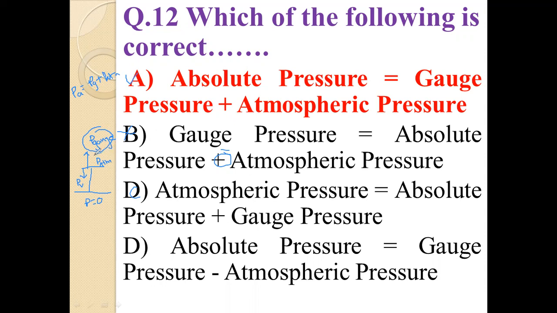And option D, absolute pressure is equal to gauge pressure minus atmospheric pressure, is also not a correct answer, because there is a mistake in the symbol. So the correct option is the first: absolute pressure is equal to gauge pressure plus atmospheric pressure.